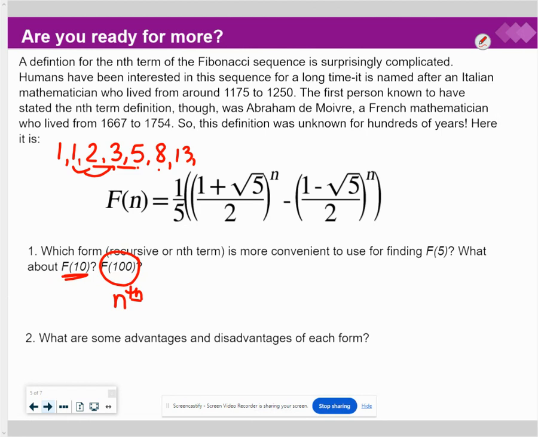So it totally depends on which one you're going to be using based on how far you need to go into the sequence, I think. The disadvantage, again, of the nth term is just how messy and complicated and full of errors it could be if you're not careful. The advantage is you can just jump to, if you wanted the 100th term or the 1000th term, you can put that number in for the n and just crunch those numbers.